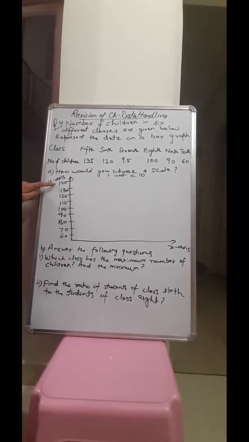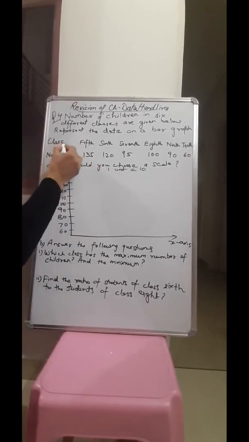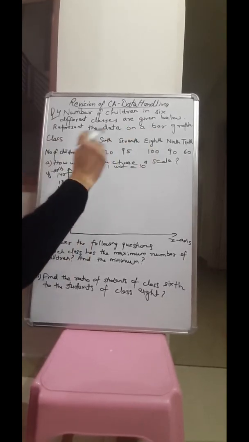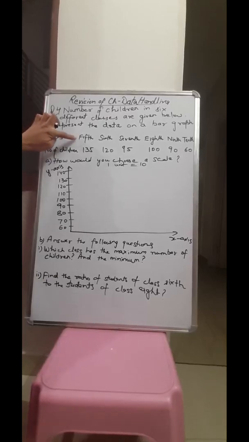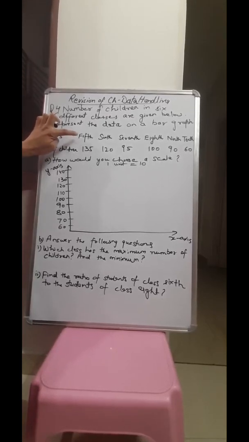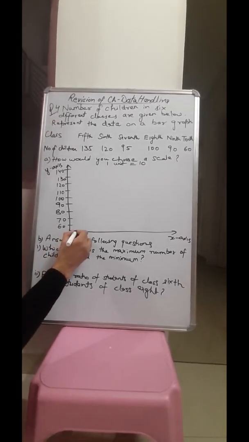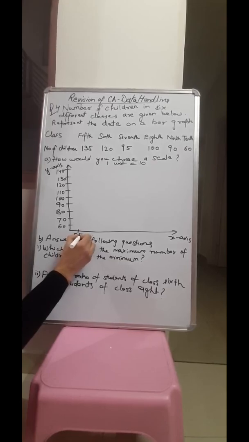So I am taking the highest as 140, and the class names, that is 5th, 6th, 7th, 8th, 9th, 10th, will come on the x-axis. So here you are going to start from the first observation, the first class, that is 5th.